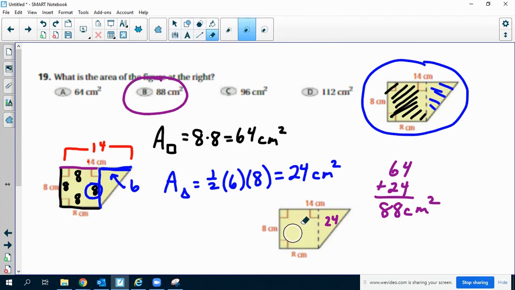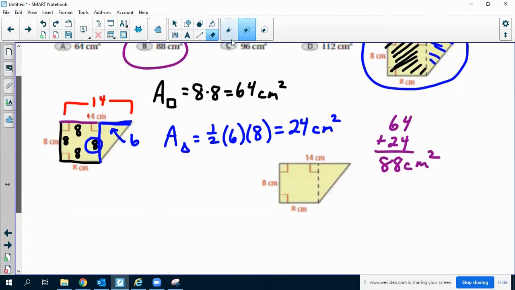Now, real quick, I'm going to give you a preview of how you might be able to solve this problem next week. So this is actually a trapezoid because it has two parallel sides and we have this height of 8.